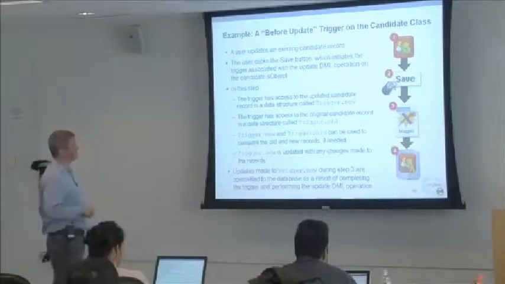Triggers are universal in the sense that it doesn't matter whether you're using the API or the browser. Anytime that modification occurs to those records, they will fire those triggers. So it doesn't matter the mechanism by which that is happening.